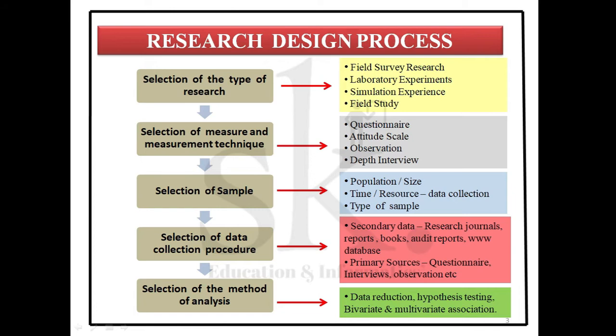The researcher should understand what method to adopt, what sample to collect, how many samples to collect, and how to collect the data. Should it be an online method or an offline method? Or would it be a qualitative study or a quantitative study? So this talks about the research design process.